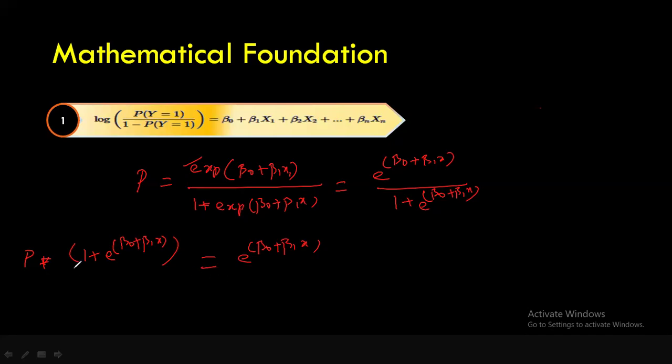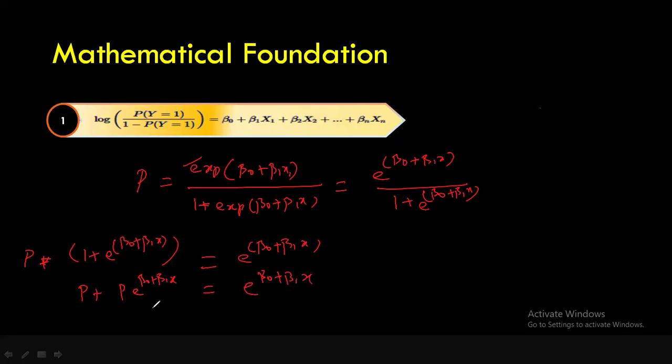Then p into 1 is p, plus p into e to the power beta naught plus beta 1x, is equivalent to e to the power beta naught plus beta 1x.